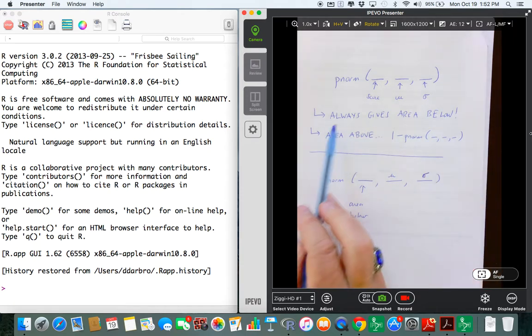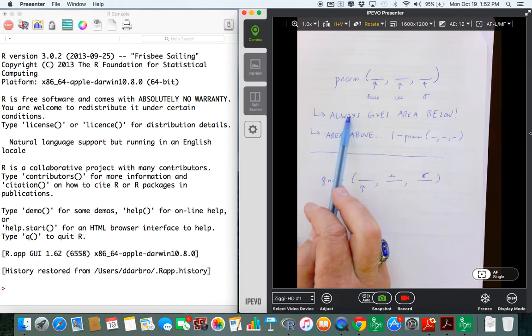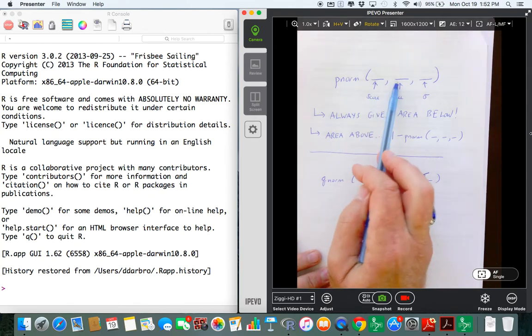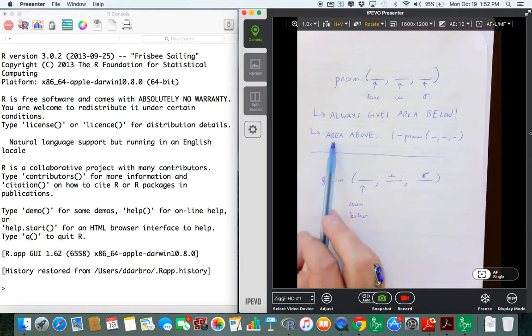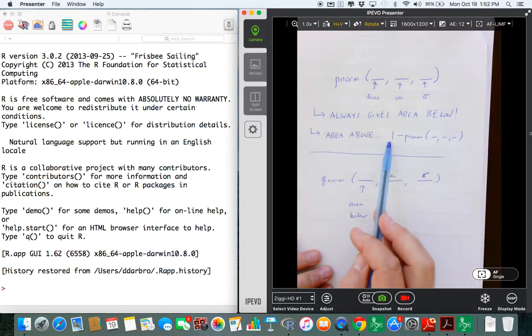So if you can remember that if you want area below, you just put in the score, put in the mean, put in the standard deviation, you're done. If you want area above, you just take that value and subtract it from 1. And if you want a score from the distribution that has a particular area below given or can be figured out, then you use Q norm.